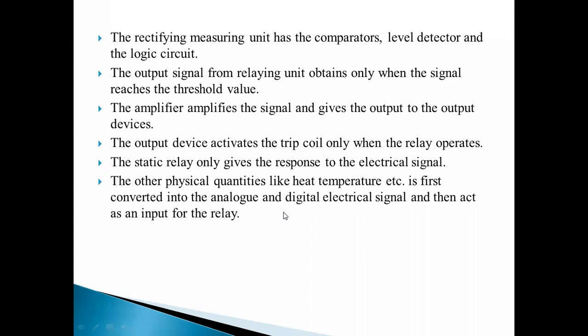If there is any other physical quantity, that can be anything, we use transducers which convert any pressure or temperature into an electrical quantity. So we can use such transducers for the measurement purpose. Other physical quantities like heat and temperature are first converted into an analog or digital electrical signal and then act as an input for the relay.